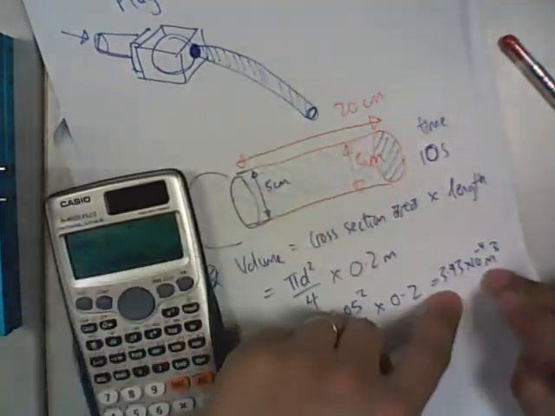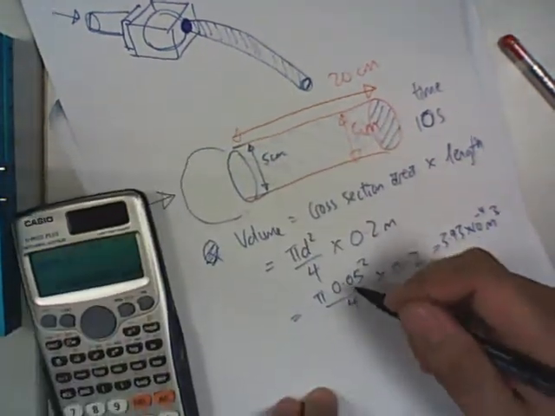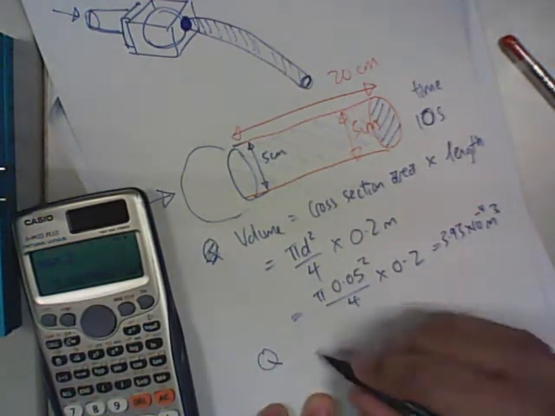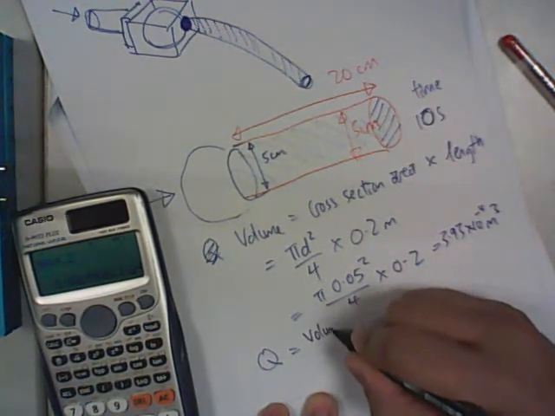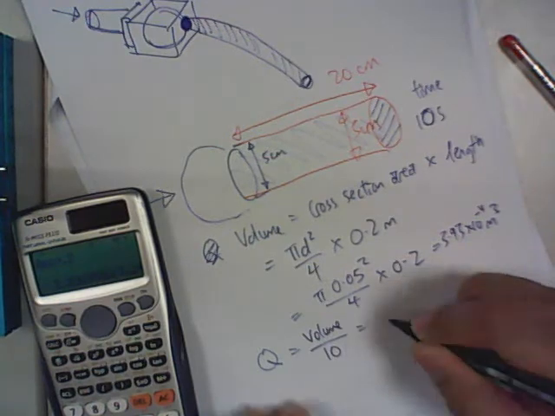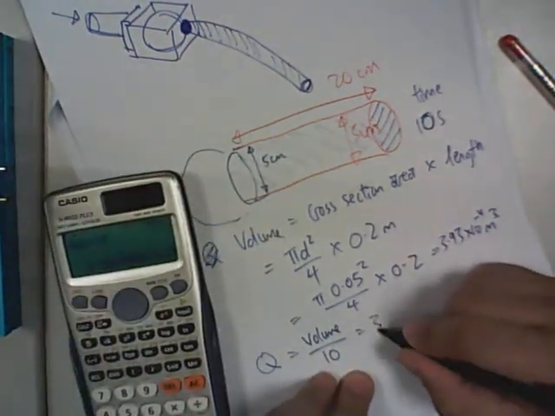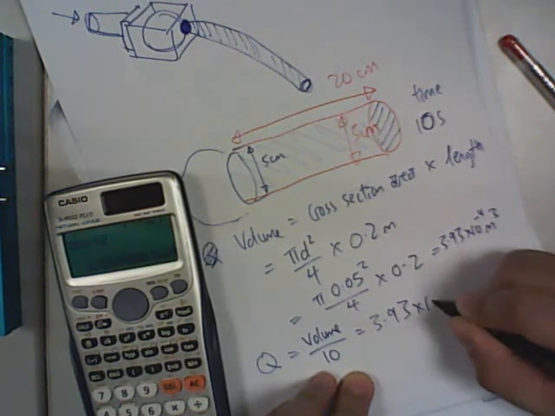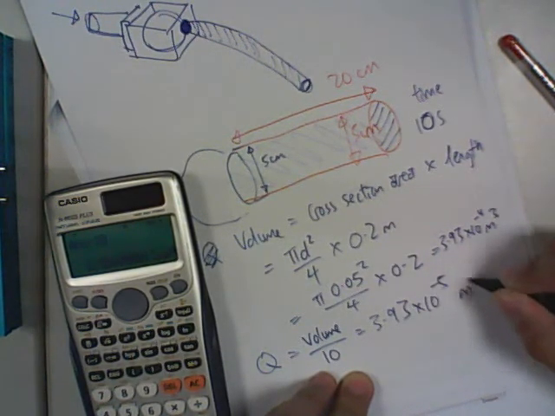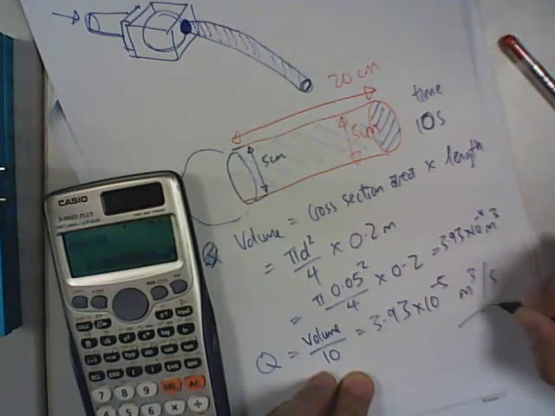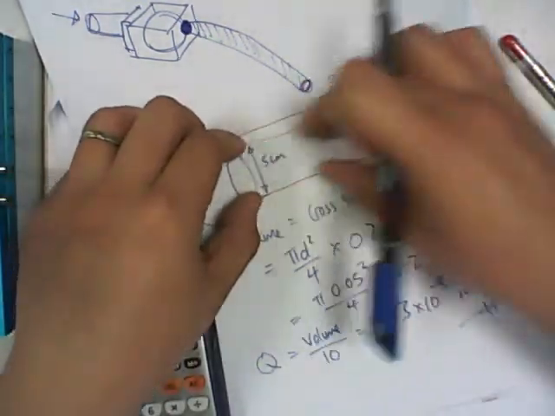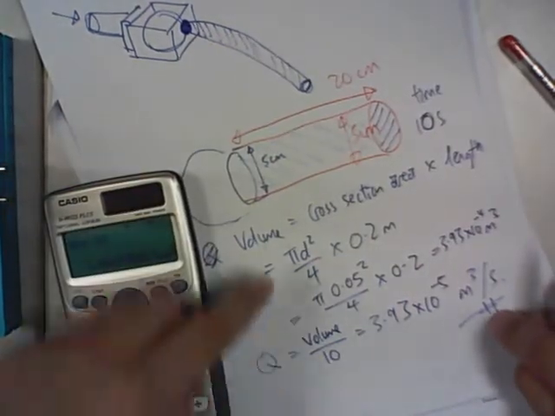This is the volume that is produced over 10 seconds. So my volume flow rate is volume over 10 seconds, which will give me 3.93 times 10 to the power minus 5 meter cube per second. So this is the so-called flow rate.